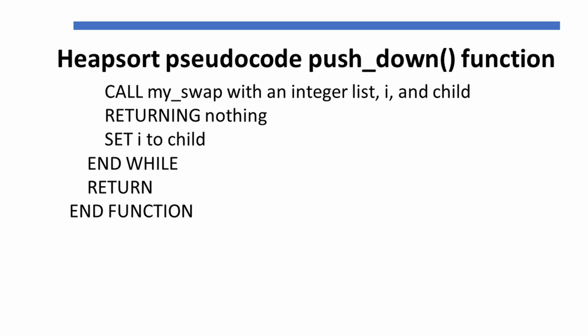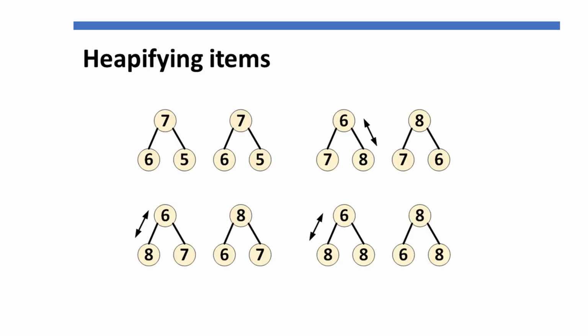The while loop continues to move the value at node I down the tree by swapping elements until a leaf node is reached, or both of the children of node I have values which are smaller than the value in node I. If both of the child nodes are less than the parent node, there's no swap.